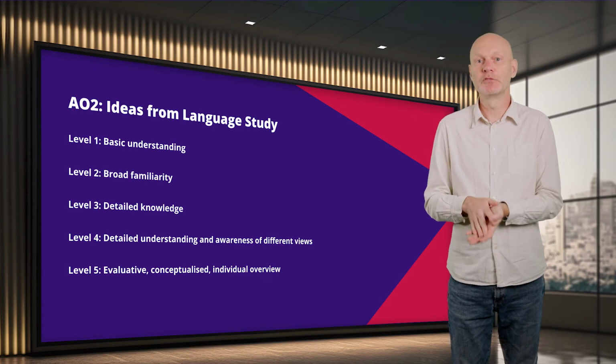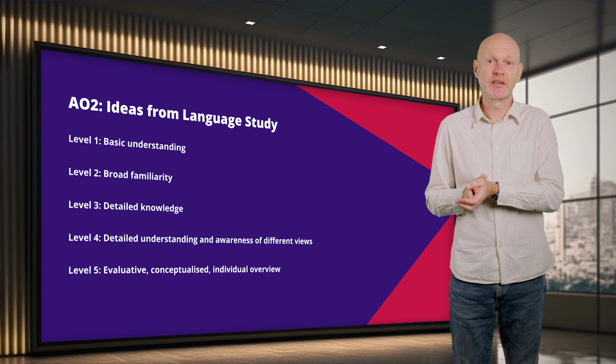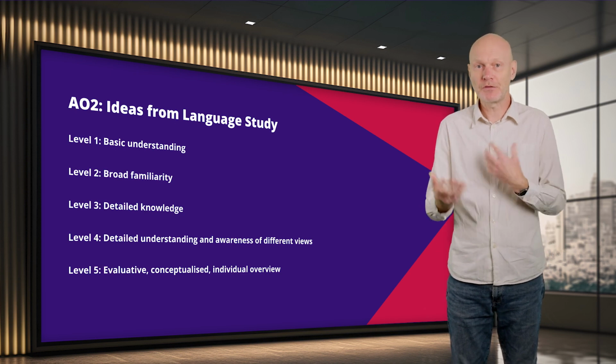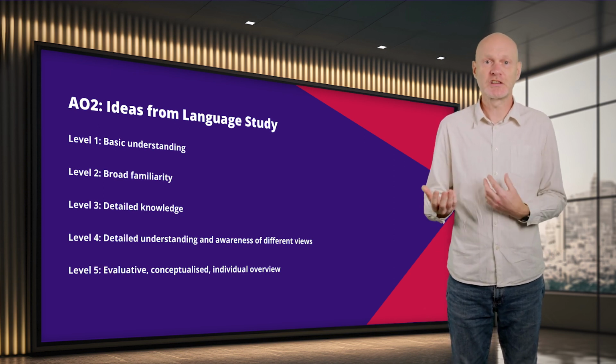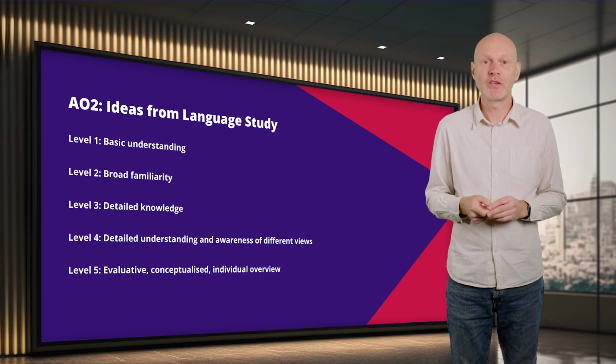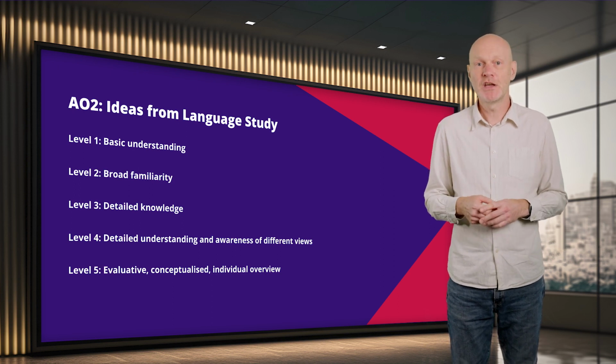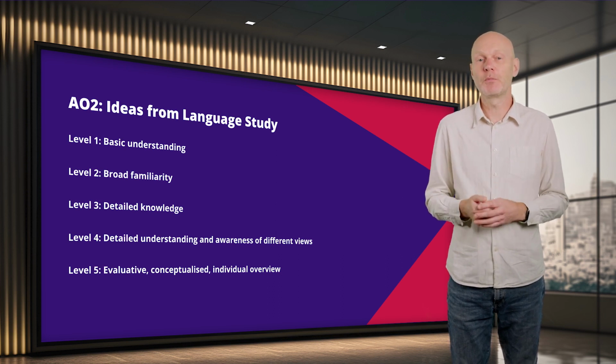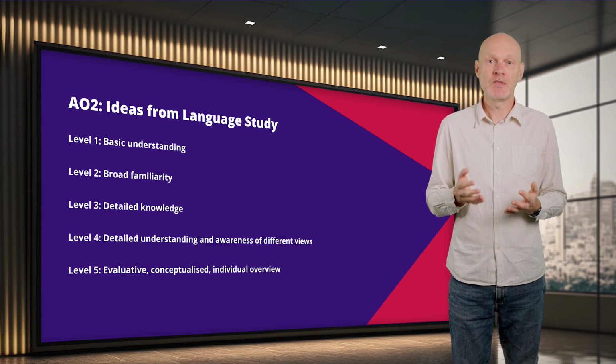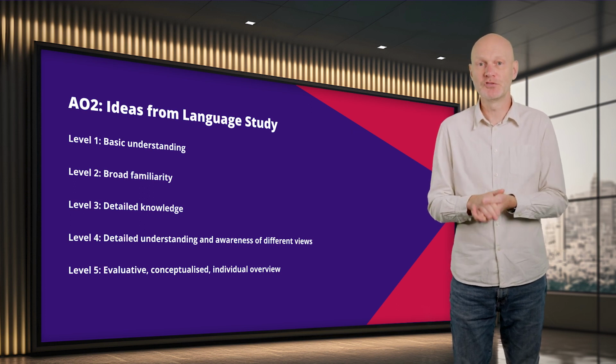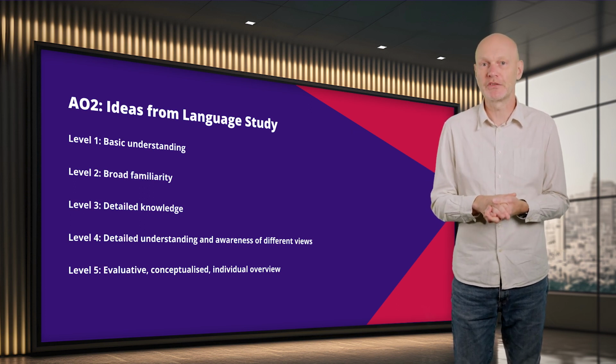AO2 has to be able to assess all of those language ideas from language study, named theorists, specialist research studies, broader linguistic concepts around, for example, power and gender across papers 1 and 2 and the NEA language investigation, because students often get a free choice of topic to work on there. That's why the different bands of AO2 offer a logical movement through different levels of understanding.